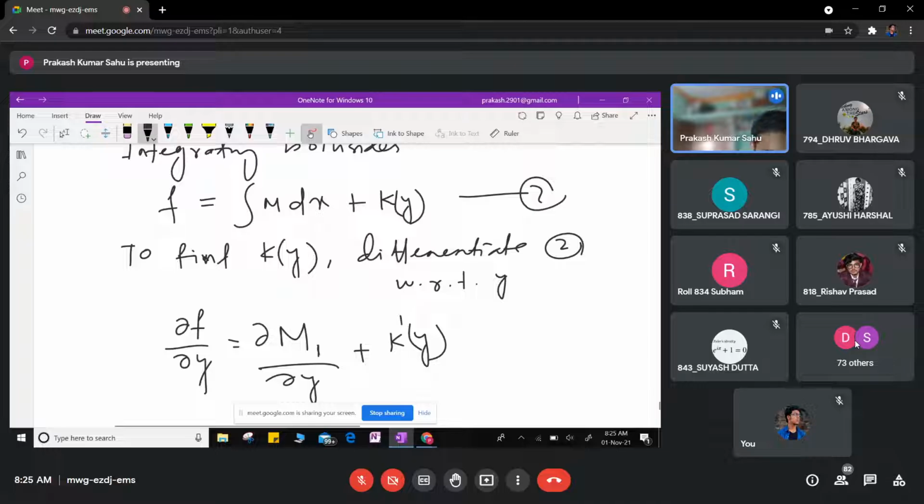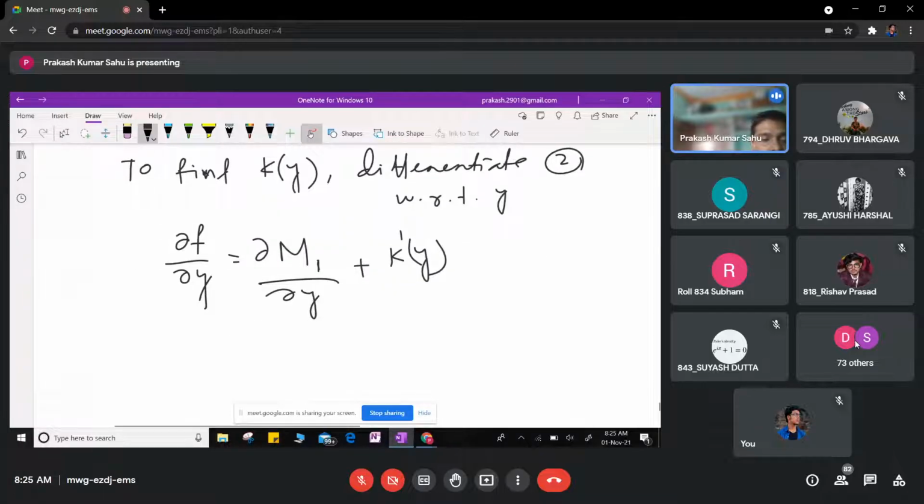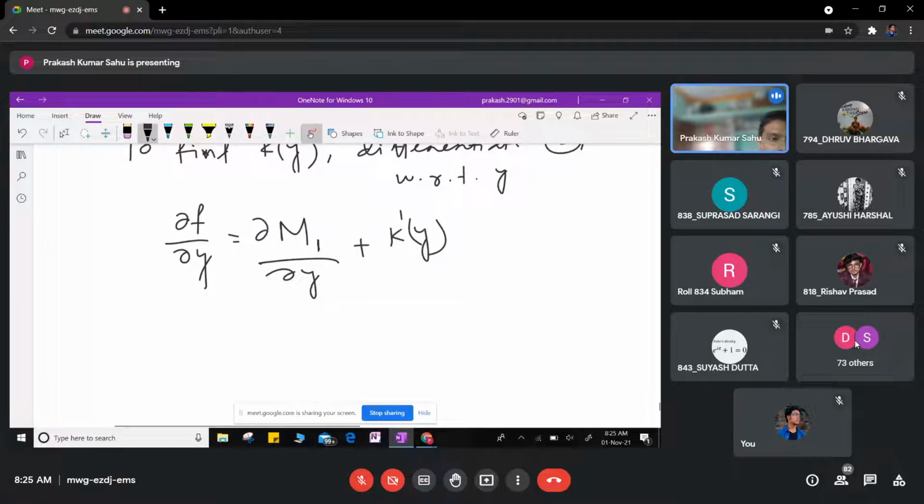Because we are differentiating with respect to y, this partial derivative is the same as the ordinary derivative, since the function is only a function of y. So this is k dash y. Now equate both sides. Del f by del y is equal to n, and this n is equal to del m1 by del y plus k dash y.